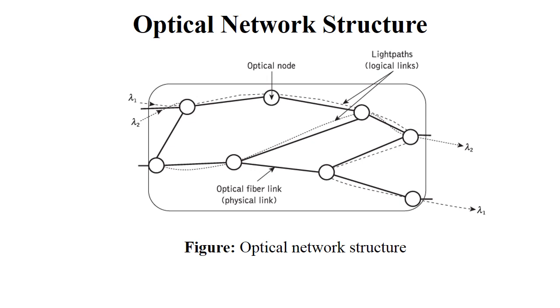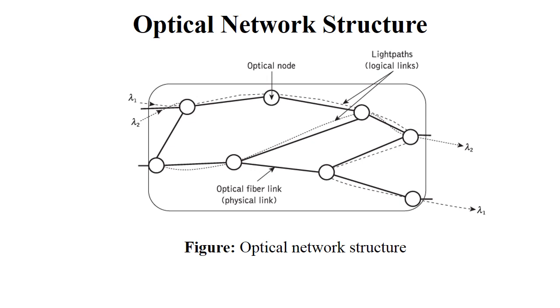Now getting into these fibers. Here we can observe that an optical fiber is providing a point-to-point connection between the neighboring nodes. In case you want to make a transmission from this particular node, which is at the leftmost side, to another which is at the right bottom side, in such a case there is no point-to-point communication.